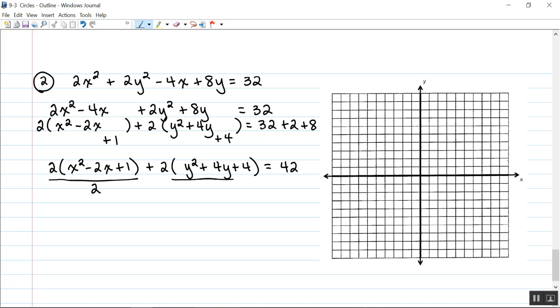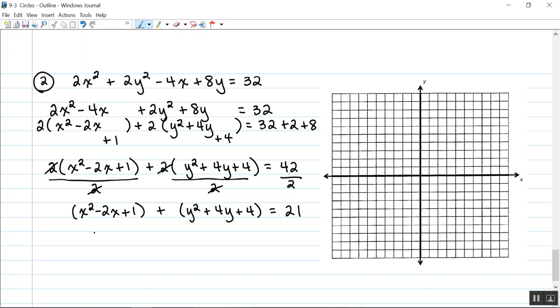What threw me off was that in my original notes, I originally divided everything by 2. That gives me x squared minus 2x plus 1 plus y squared plus 4y plus 4 equals 21. In case you're confused, I'm only canceling these 2's here, and that turns 42 into 21. That 2 in the denominator does not touch anything inside the parentheses.